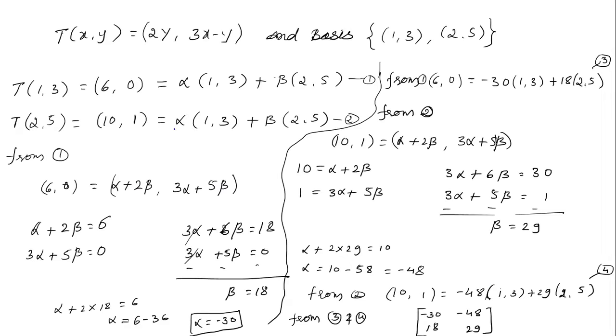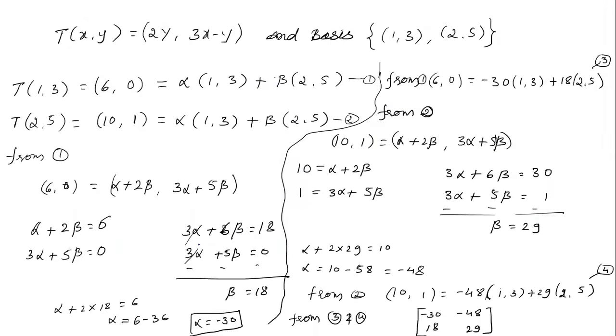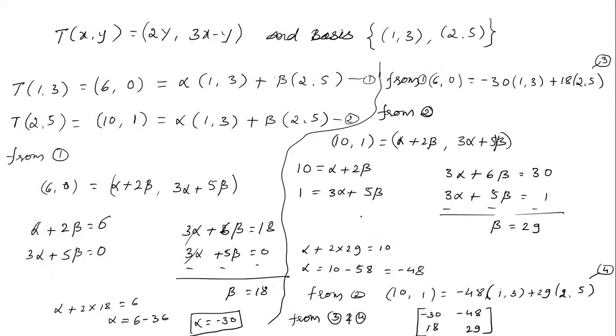Similarly, from the second, we get alpha is equal to minus 48, beta is equal to 29. So the matrix is minus 30, 18, minus 48, 29. That means option C is the right answer for this question. If you want, note down all the steps.